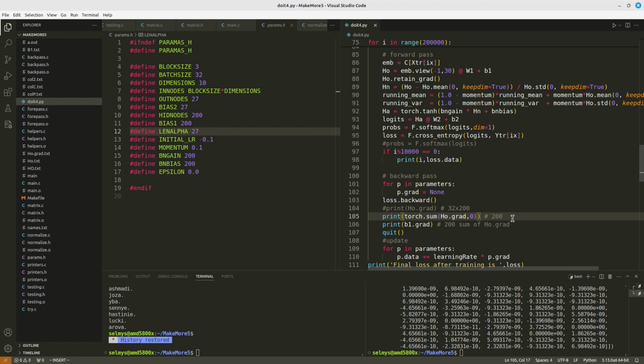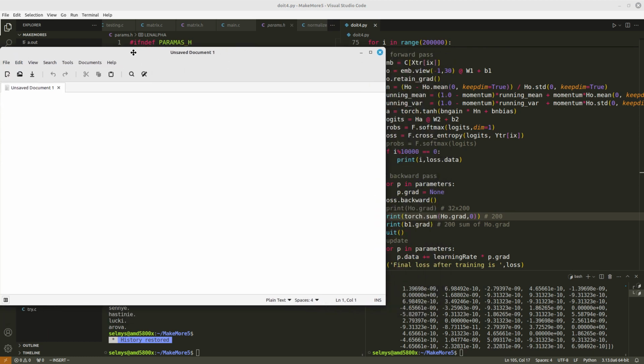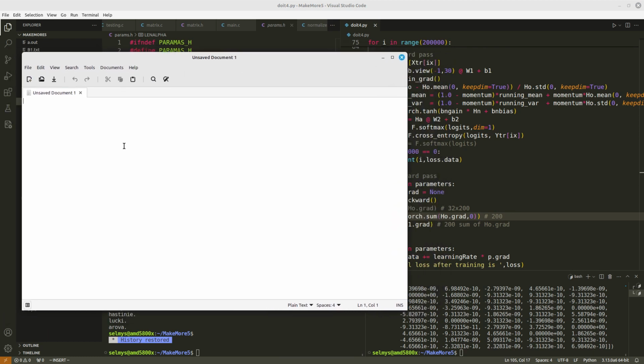So just to put that in writing, let me put that in writing this way. I'll say I have B1 gradients are equal to the sum of the HO gradients. Basically, that's what it is.